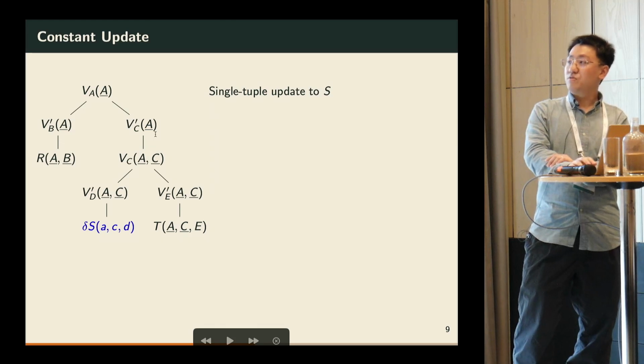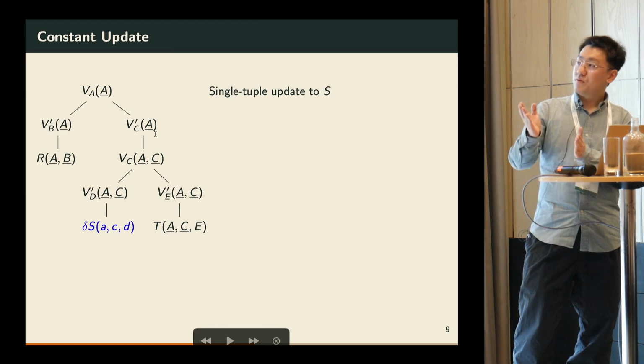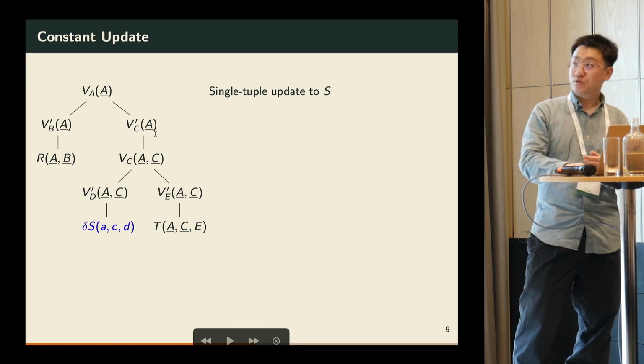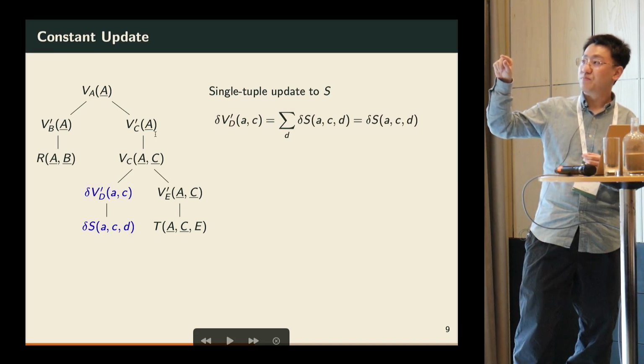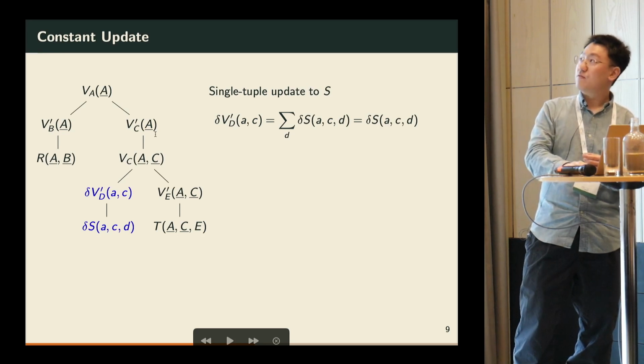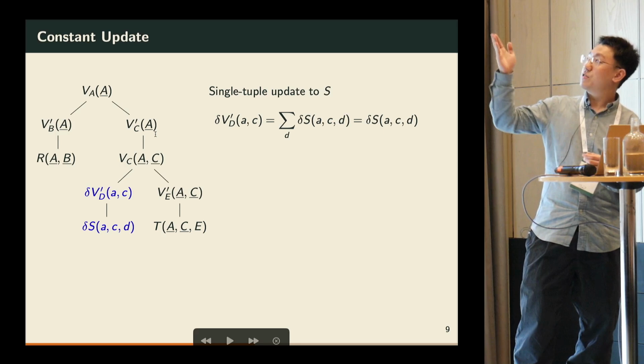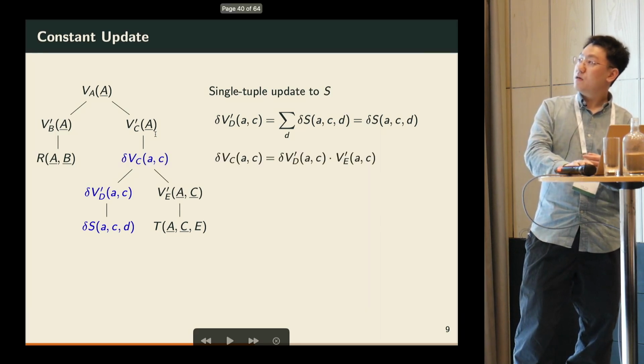If we have an update to relation S, we can propagate from here all the way up to the root. So for the view V prime D, we compute the delta of it by just doing a lookup.